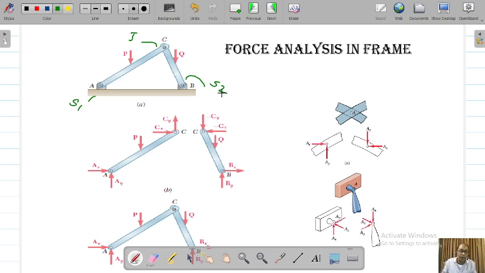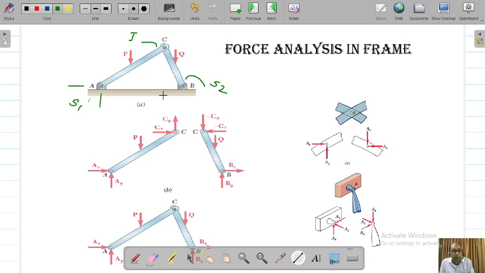So how are we going to solve this system? Can we solve it directly? Since this is a pin, you can easily deduce that there will be one reaction here, one reaction here, and one reaction here.